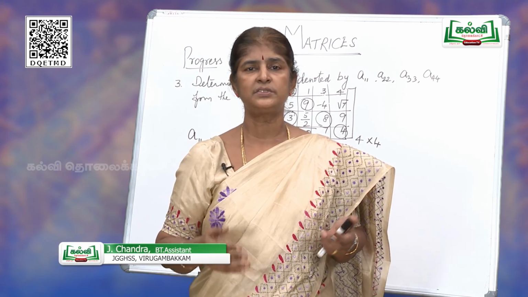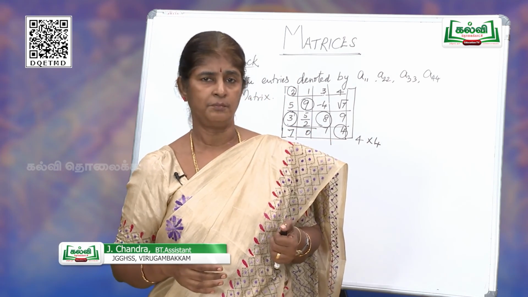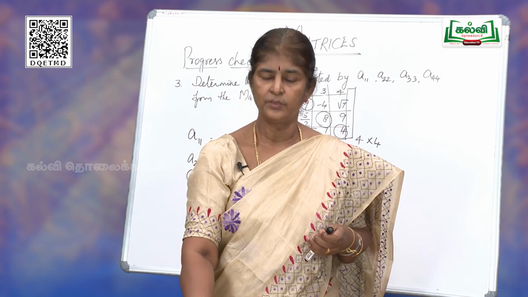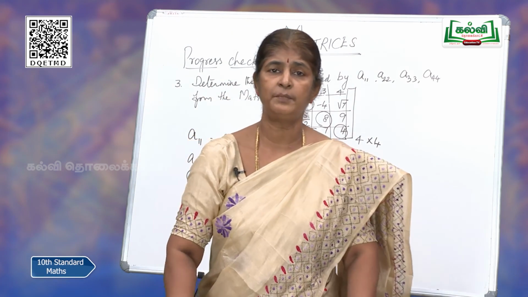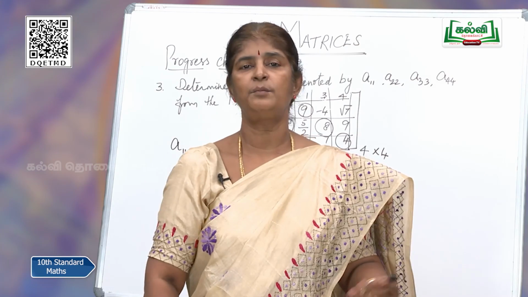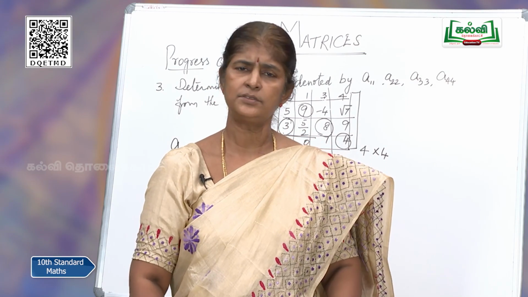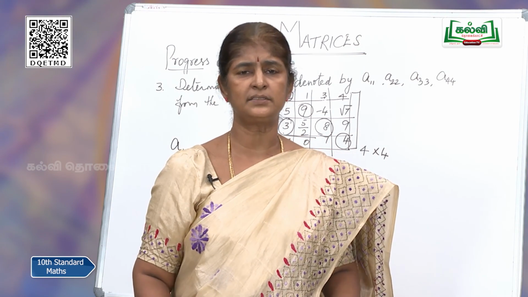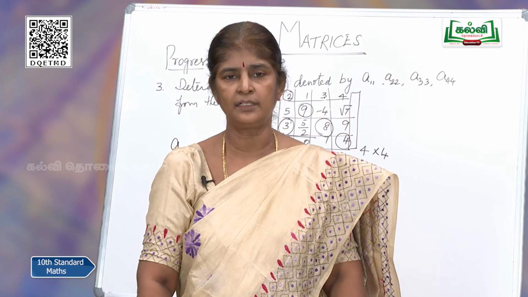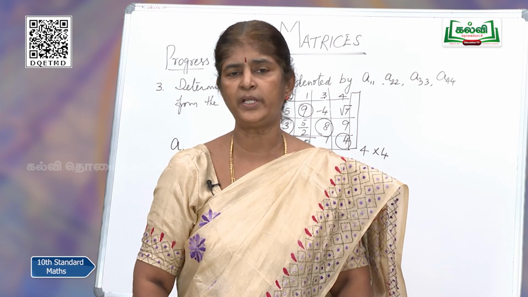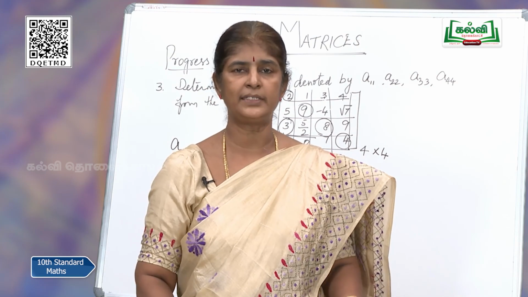After that, we have seen the different types of matrices: row matrix, column matrix, scalar matrix, diagonal matrix, identity matrix, triangular matrix, equal matrices and negative of a matrix. So many matrices we have seen.